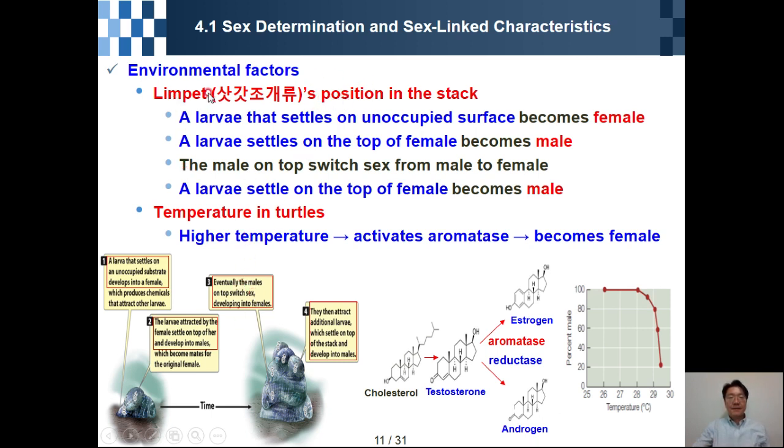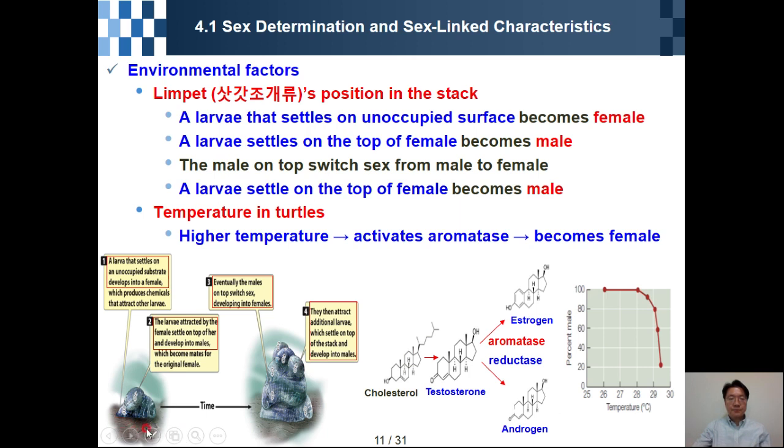This is the limpet. In Korean we call it 사과조개. Limpets start from one stack, then another stack goes in, and another stack goes in like this. Okay, this is the stone.